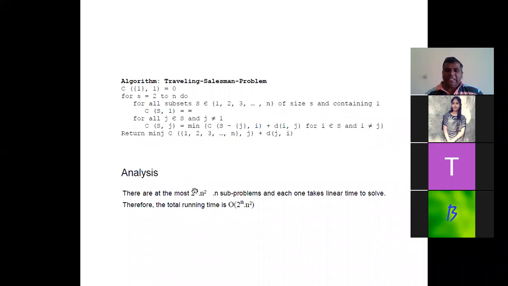To solve each subproblem, the time complexity is n squared, quadratic. The total time is order of 2 power n into n squared. So this is the time complexity of this traveling salesperson problem.